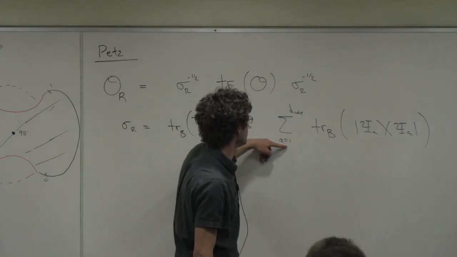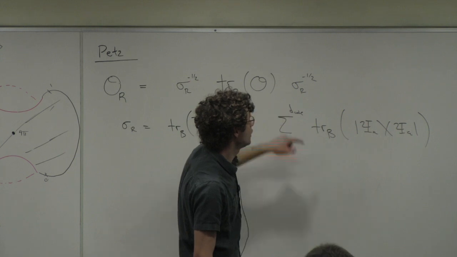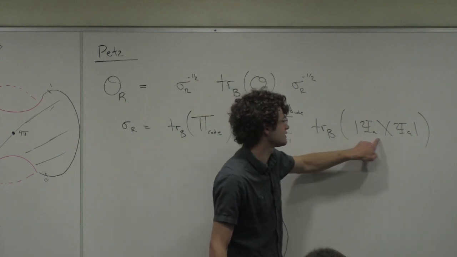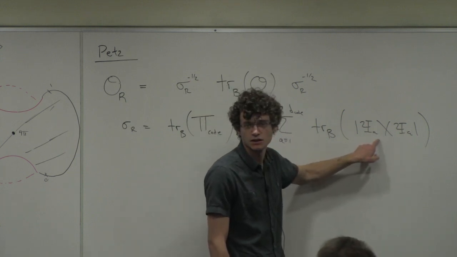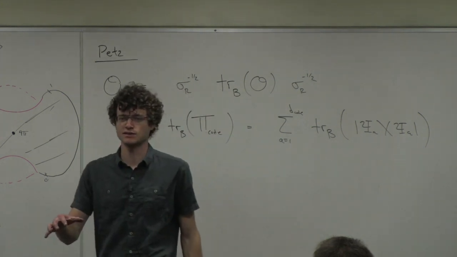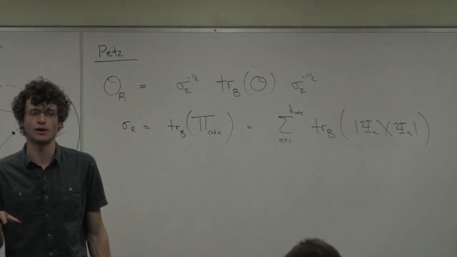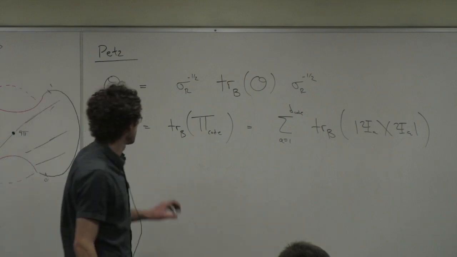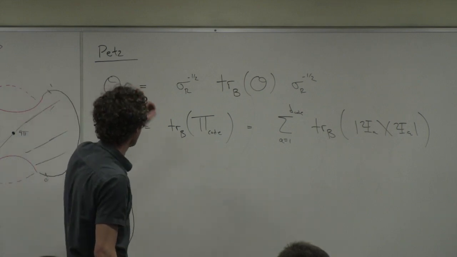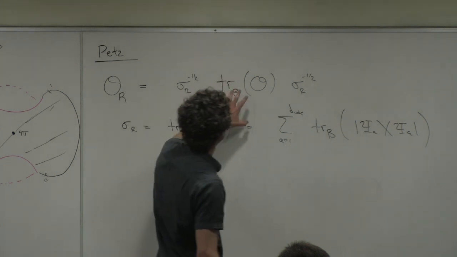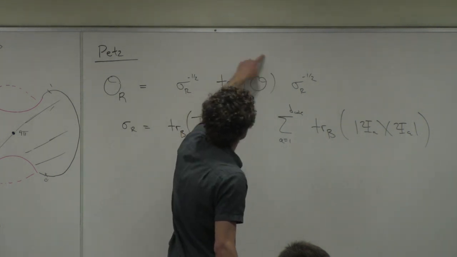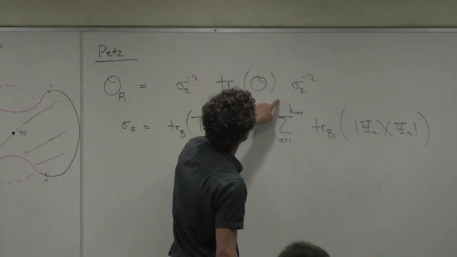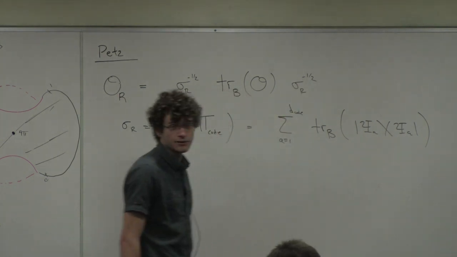So we're summing here A equals 1 up to D code, where D code is the number of these psi A states. So it's the number of different bulk states that you're going to try to be able to distinguish from the R system. So that's what sigma R is. And you take it to the minus 1/2 power, trace over B of O. This was this ridiculously naive guess for an operator, and sigma R to the minus 1/2 power.